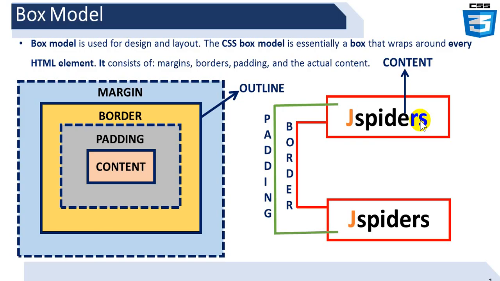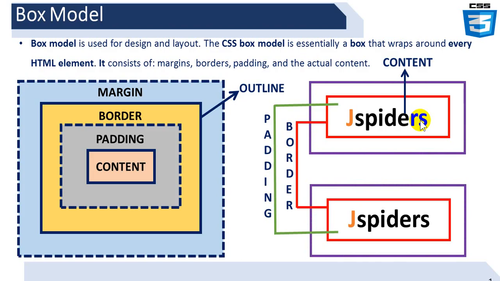Similarly, we have the outer edge. This outer edge is known as the outline. Clear? If you observe here, the purple color is the outline, and there is a space between the two outlines.